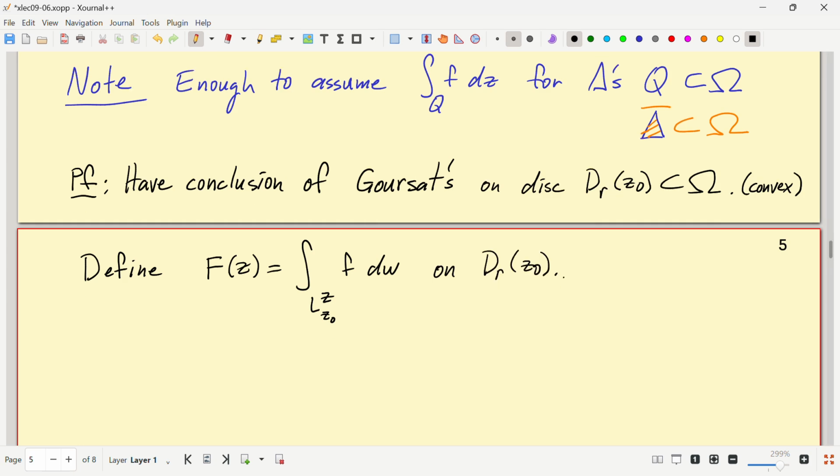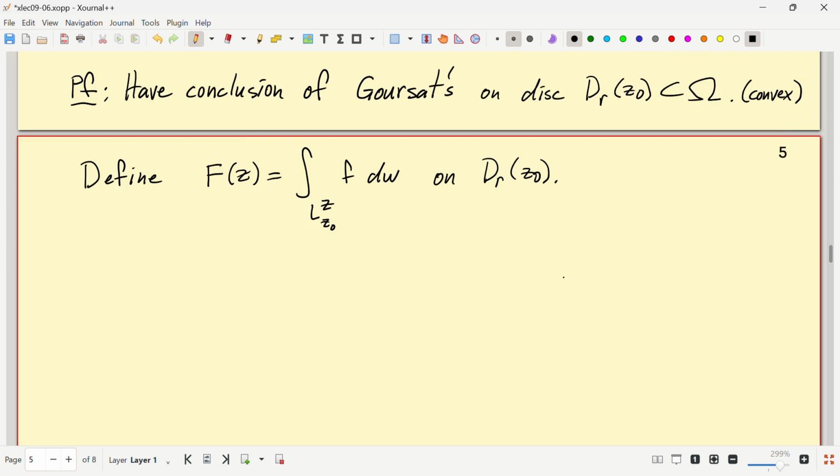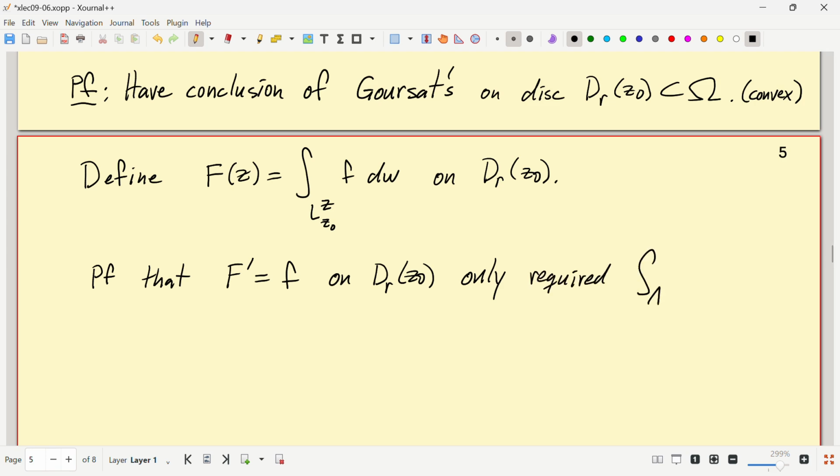And now the Goursat trick, the proof that F prime equals little f on that disk, only required the integral around triangles of f dw equals 0.